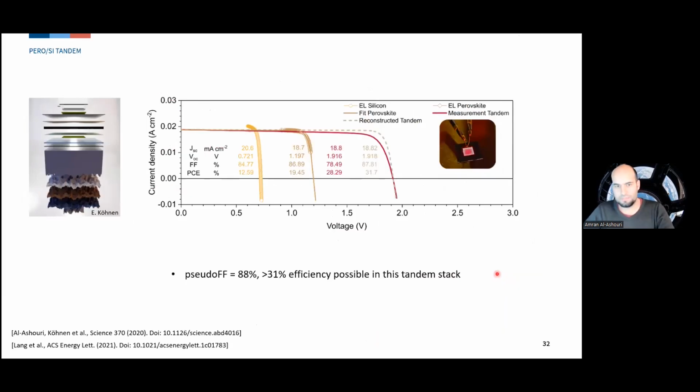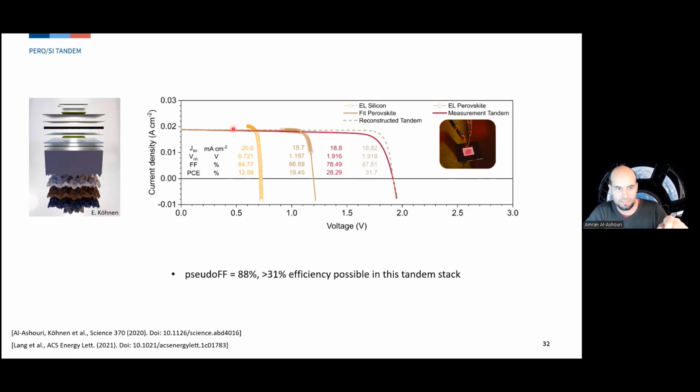And then by electroluminescence, we also estimated the maximum efficiency the tandems could give. So basically we have pseudo JV curves of the different subcells. The idea is you inject electrical current, and the electroluminescence gives you something about the internal fields, right? But internal fields are not affected by the resistances.